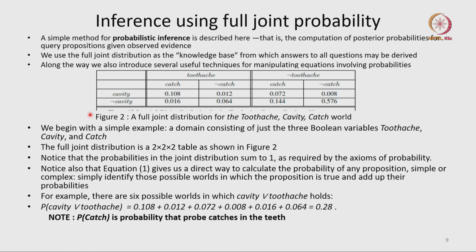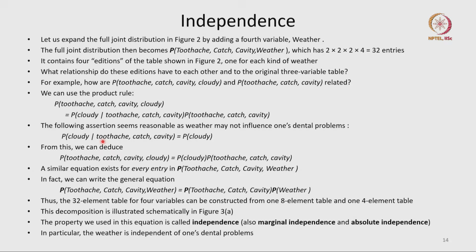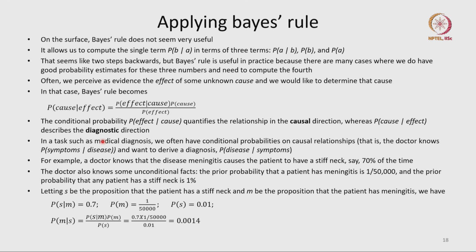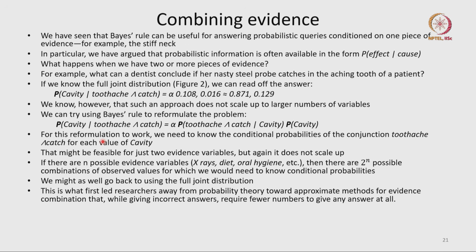So you have to say toothache and catch, and these two values are what you have to use, 0.108 and 0.016. That gives you the probability that you are actually looking for.